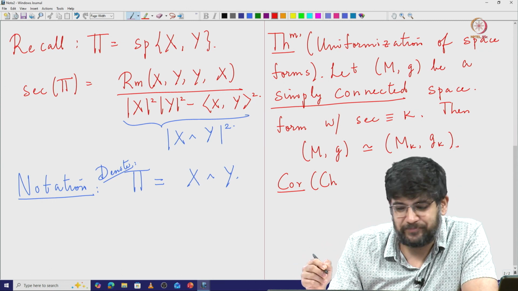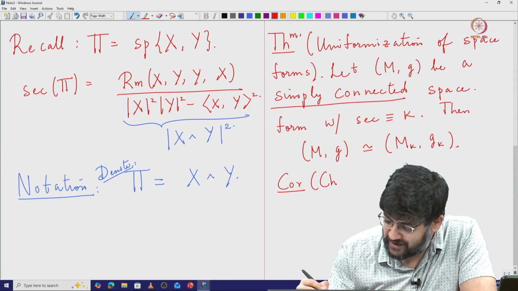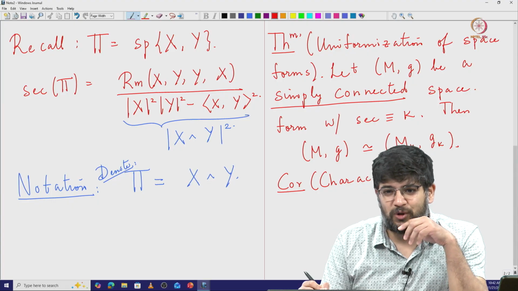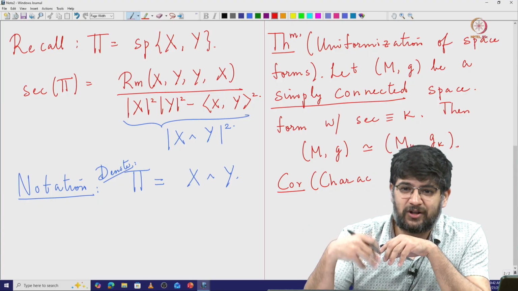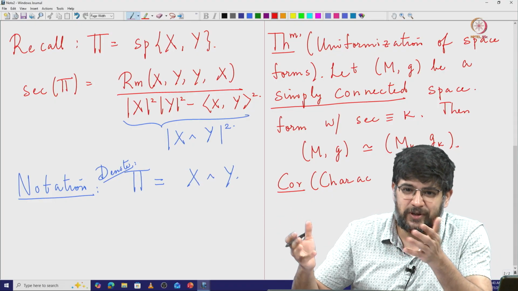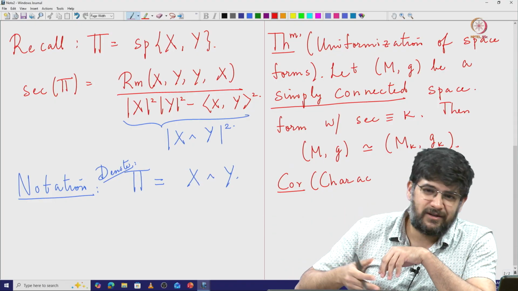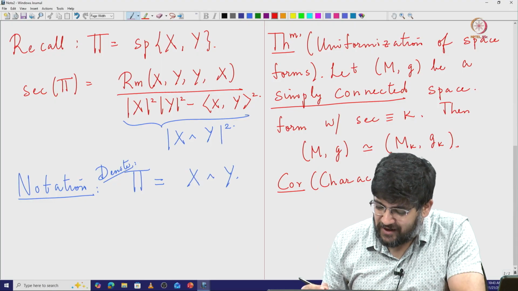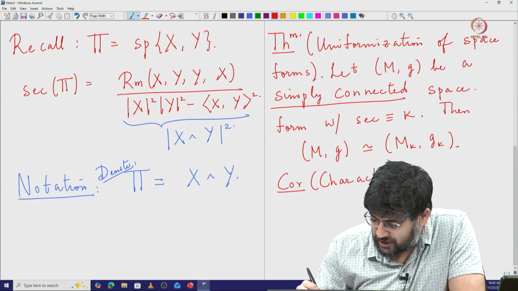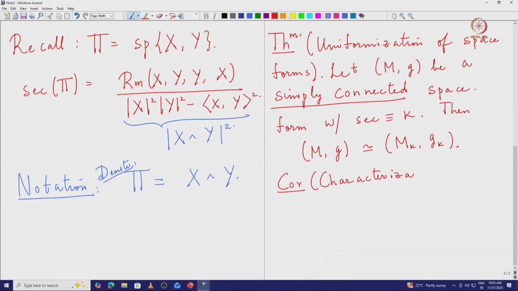So what happens in that case? In the case of the flat torus, we know that even though it is not simply connected, you can actually write it as a quotient of the corresponding model space, which is the Euclidean space in that case, modulo the action of some lattice, right. So it turns out that that is actually true in more generality. So that is what the next corollary is about.